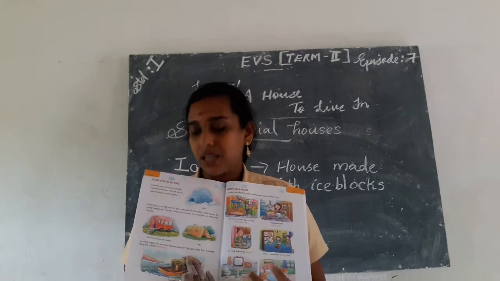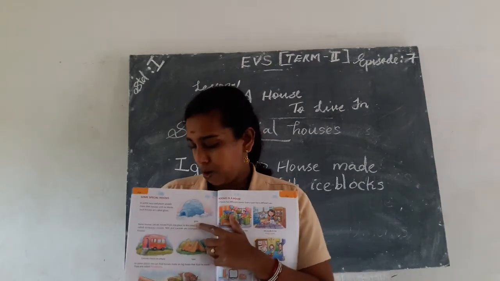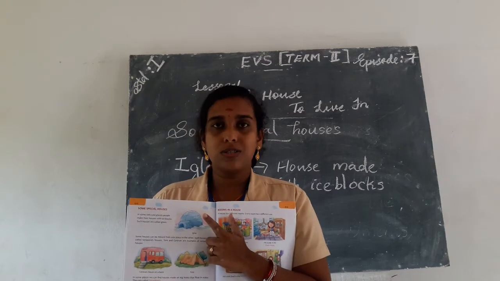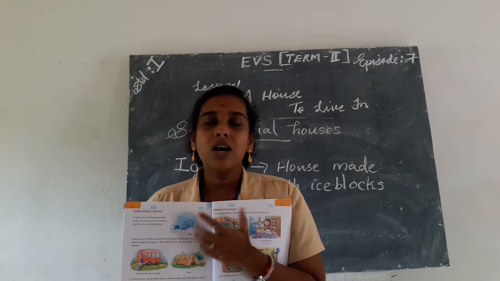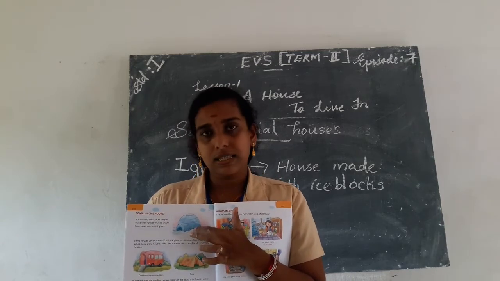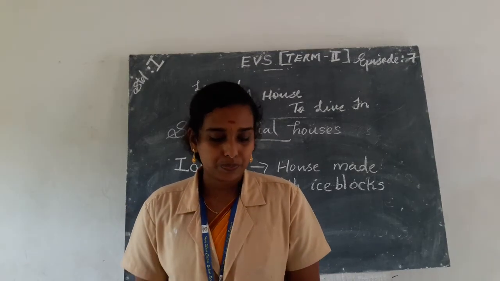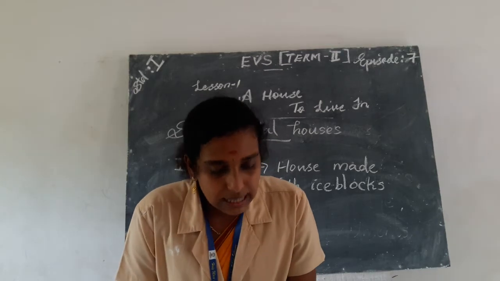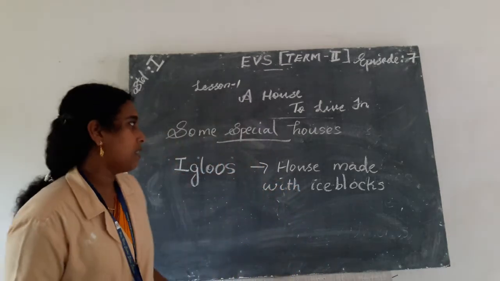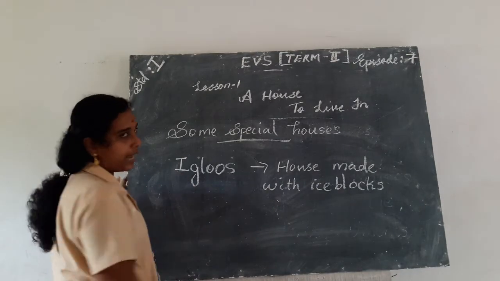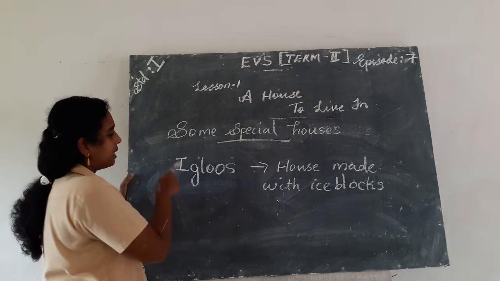And here's the picture of igloos in your textbook. This is igloos. So this house is made with ice blocks. So we call this house igloos. And the next one is temporary houses. Before that, say the spelling of igloos.